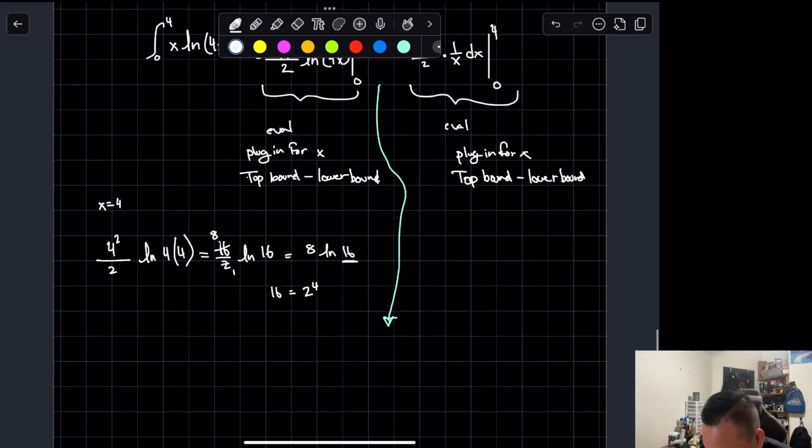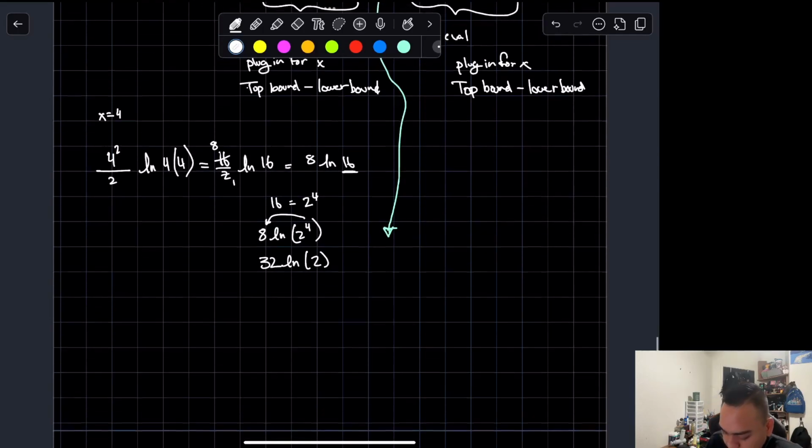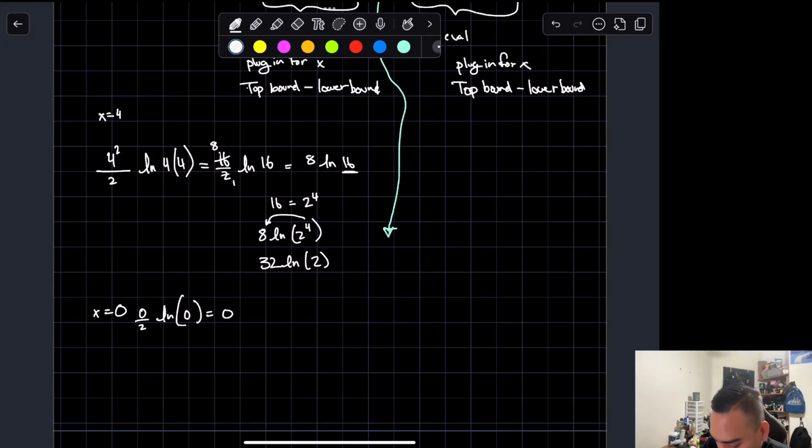So if you remember our exponential rules, 8 ln 2 to the 4th power. But look, we have an exponent, which means it comes out over here and multiplies by the 8. So it becomes 32 ln 2. And now if x equals 0, what we get is 0 over 2 ln 0, which is just 0, because everything's multiplied by 0.